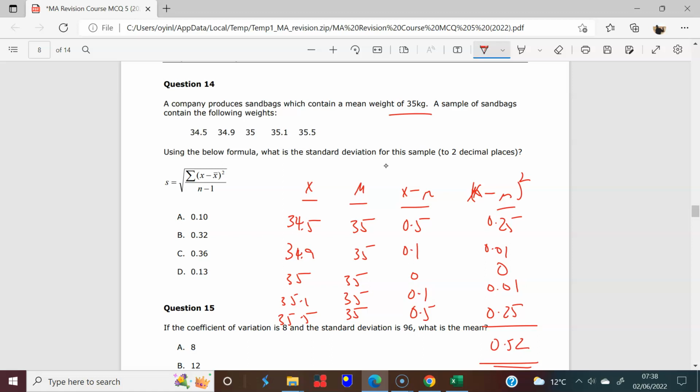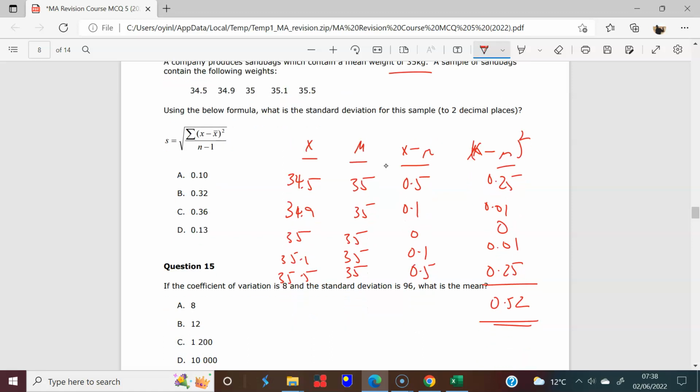So you now have S equal to the square root of the sum, 0.52, over n minus 1. There are 1, 2, 3, 4, 5 items, so 5 minus 1.